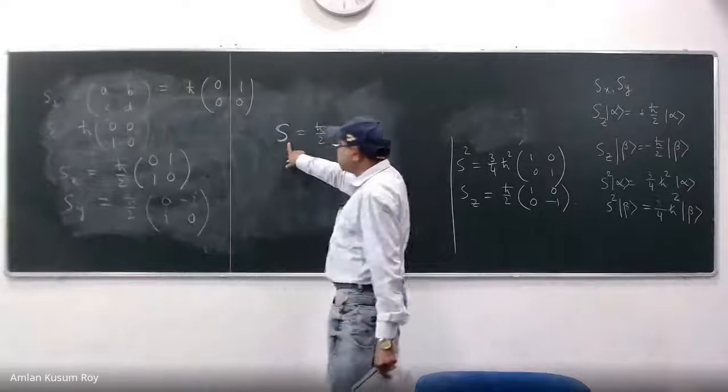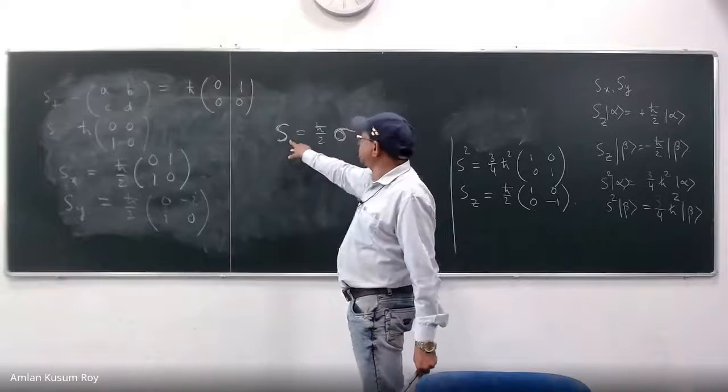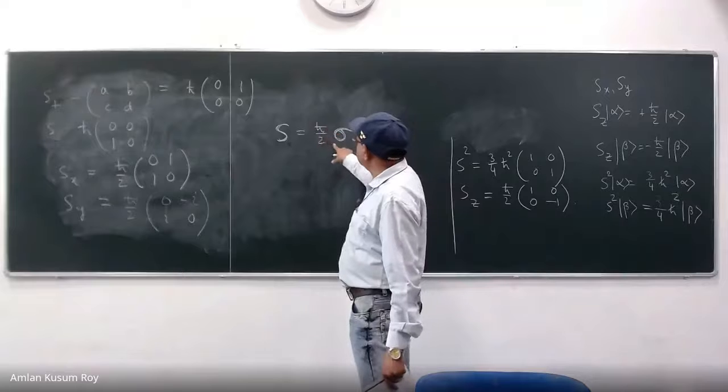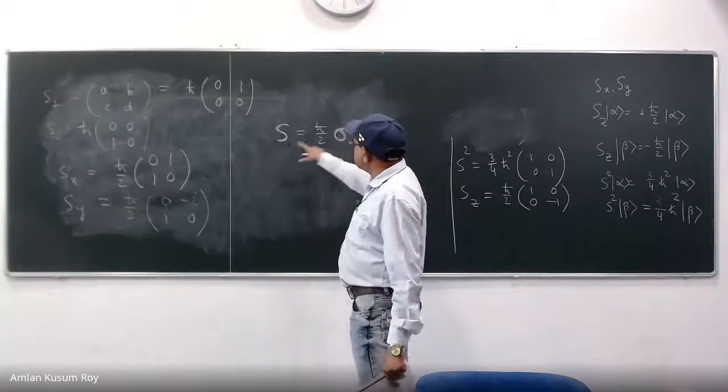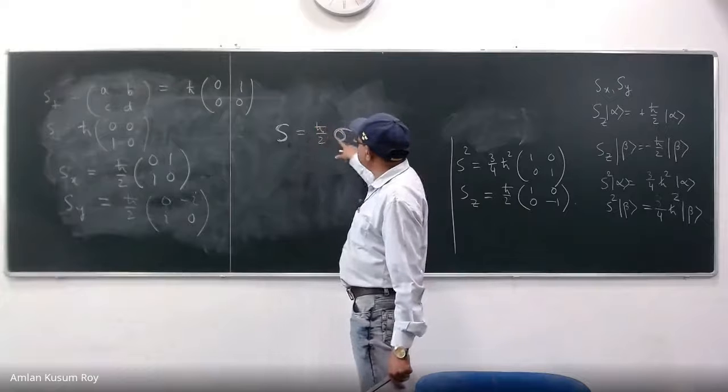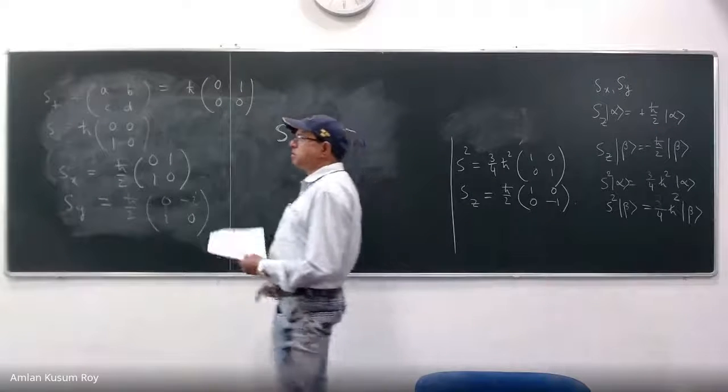So I have written it as a vector. Sx is equal to H cross by 2 sigma x, Sy is equal to H cross by 2 sigma y, Sz is equal to H cross by 2 sigma z. These are the popular notations.